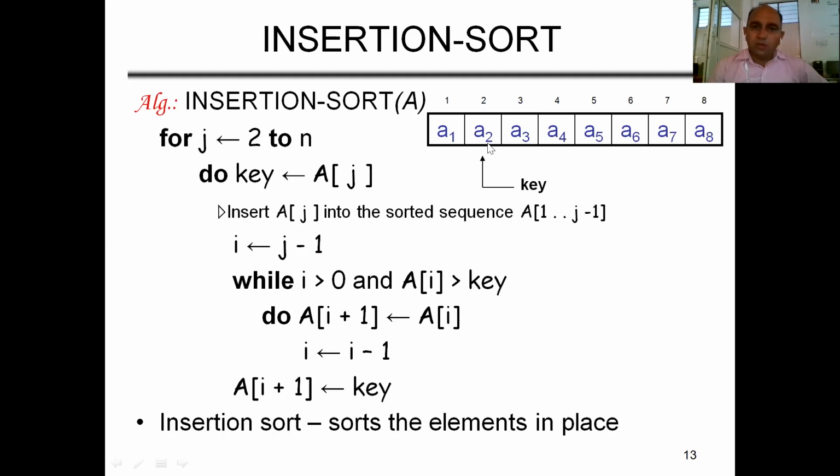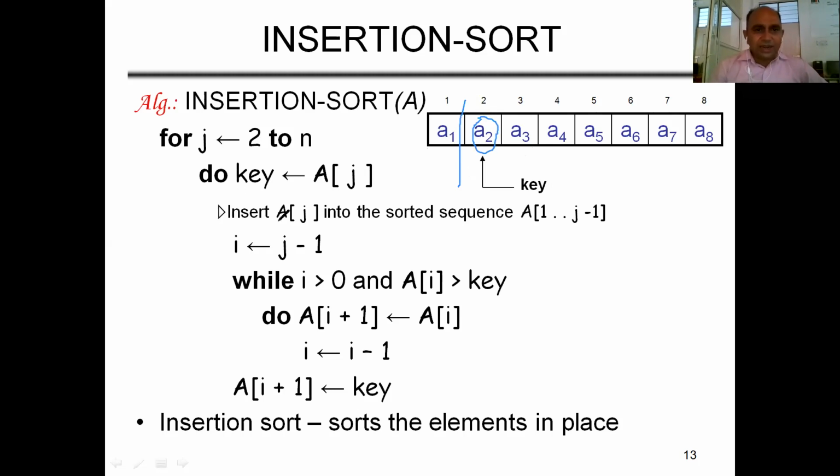Now, because the first element a1 is already sorted, we are starting from the second element. If we draw a line here, the left side single element is already sorted and we have to shift all the right elements. Now our key value will start from a2, and a2 will be compared with a1.